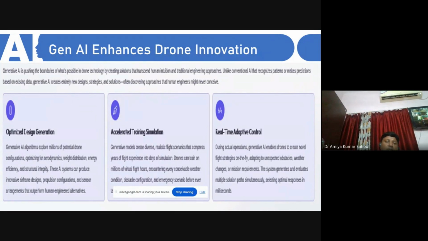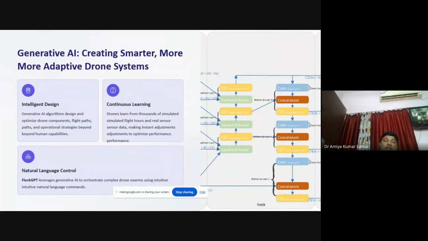These AI systems can produce innovative airframe designs and configurations that go beyond human engineer alternatives. The training simulation and real-time adaptive control are all related to this. How both are coordinated with each other, we can find out clearly 3 or 4 slides after.